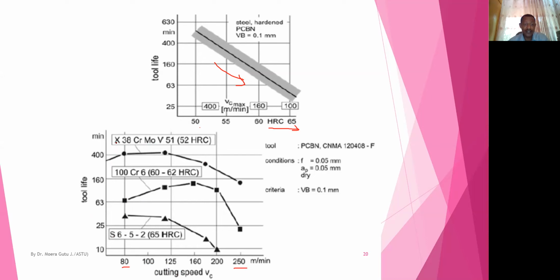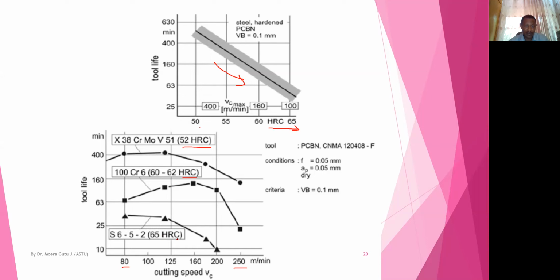This material is a chromium, molybdenum, vanadium alloy, which has 52 Rockwell hardness number. And this one is a chromium alloy material, which has Rockwell hardness number 60 to 62. And this material here is the maximum hardness material, which is 65 Rockwell hardness number.